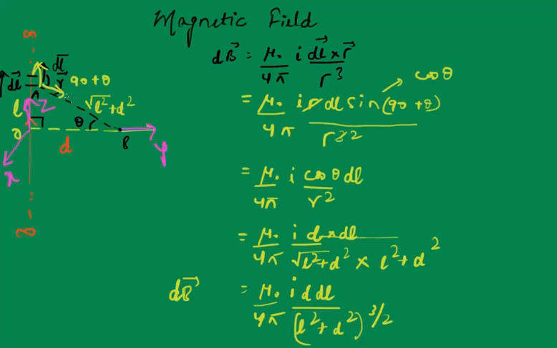If you take the cross product of dl vector cross r vector, you will find that the direction is minus x, y, z. Yeah.